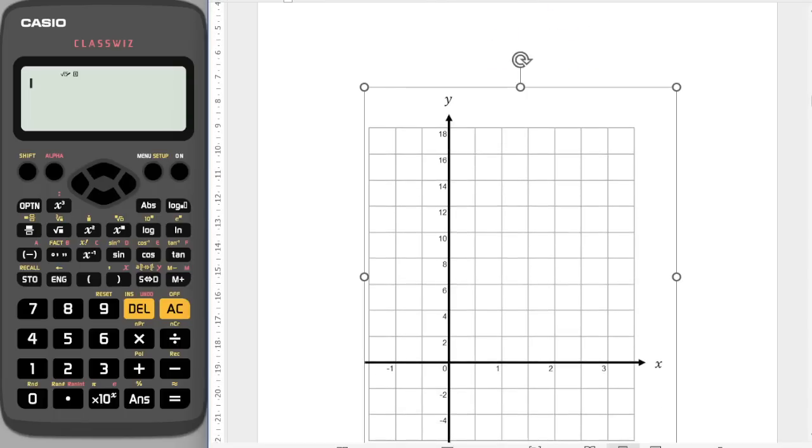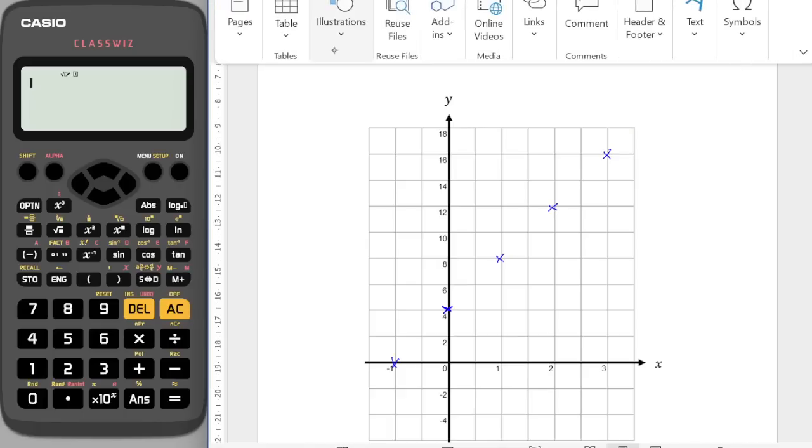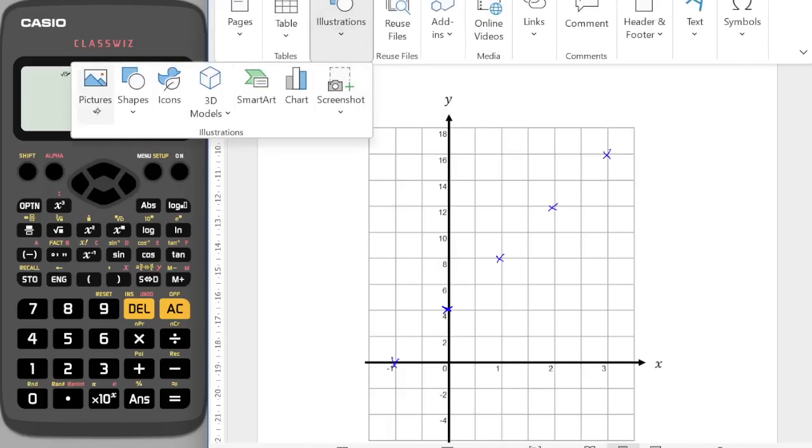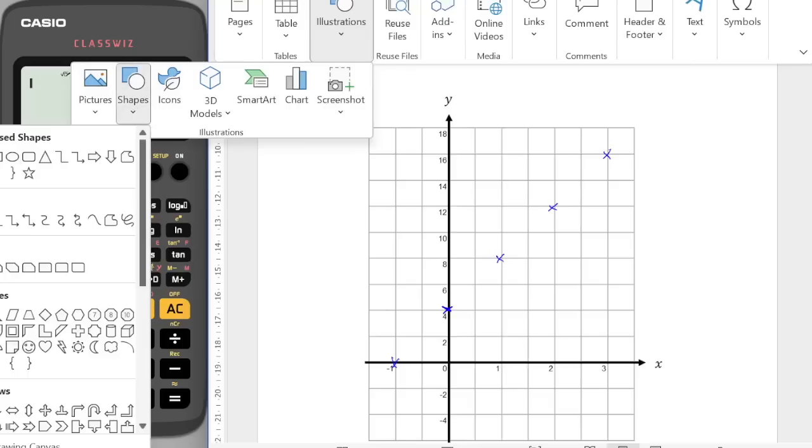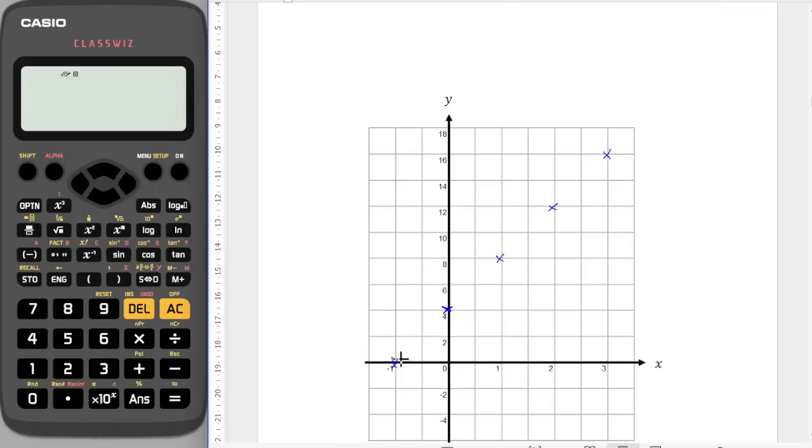So if I start my graph, it's going to hit here, and for every 1 square across, it will go up 2. So if I insert a line, so I want a line that crosses through all those points, and that's going to be my graph.